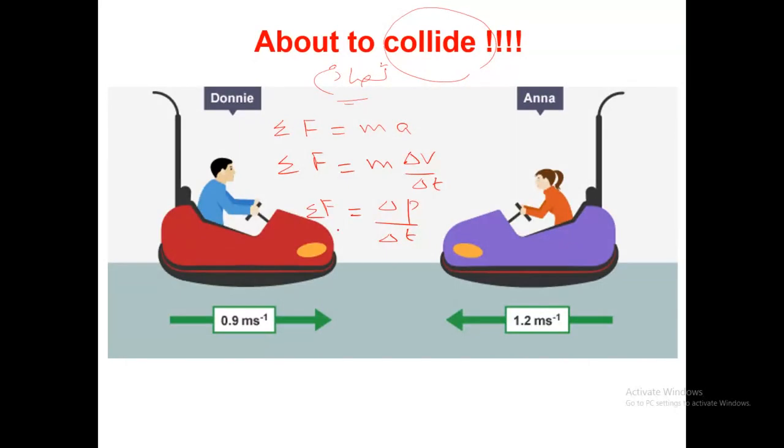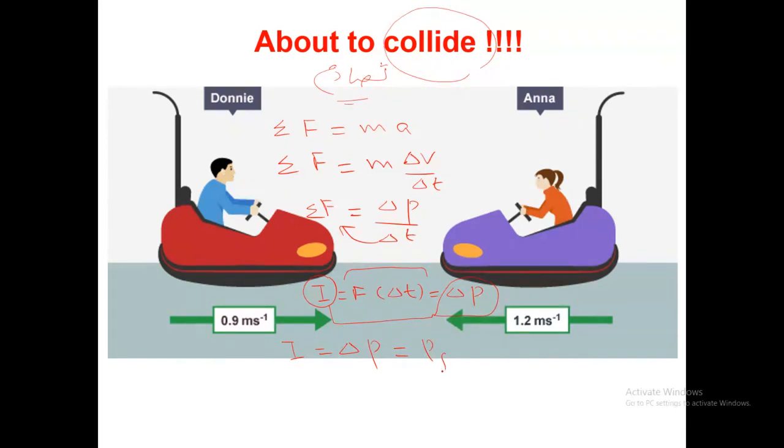Now if I take this to the other side, you get F multiplied by time interval, and on the other side you have delta p. This is called impulse. So impulse is equal to this rule, or impulse is equal to delta p.